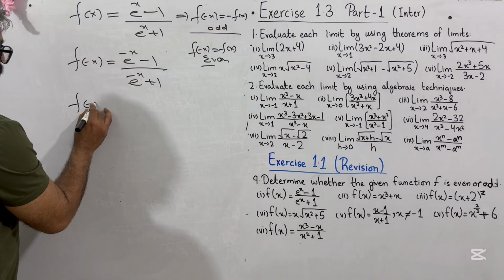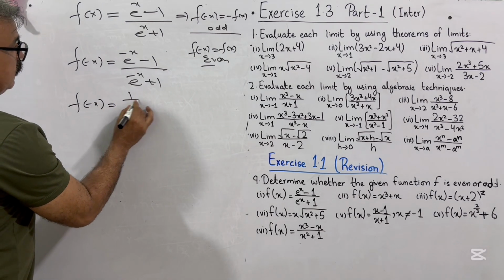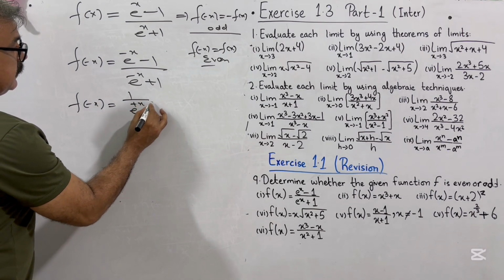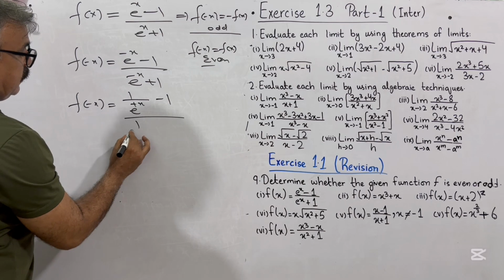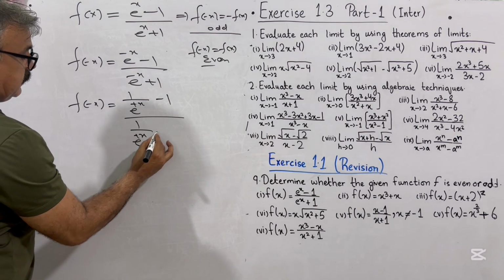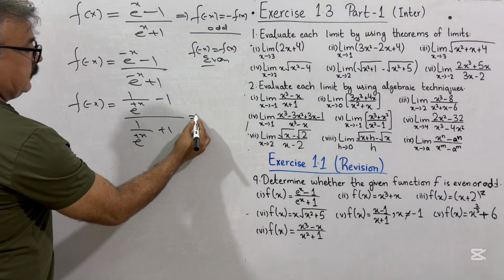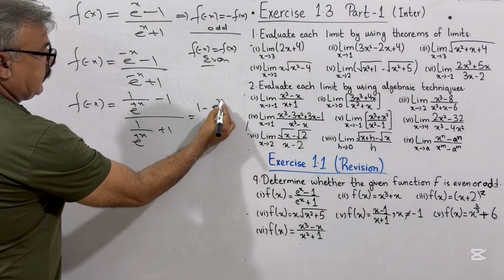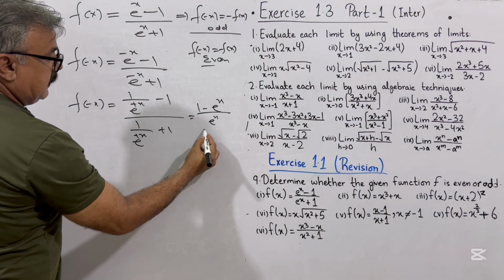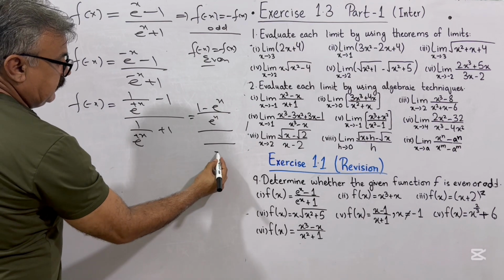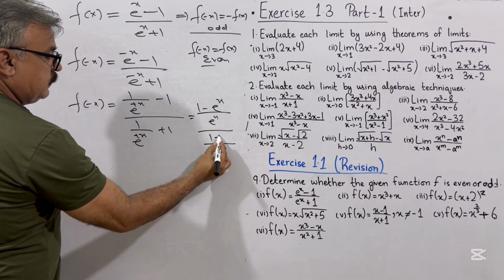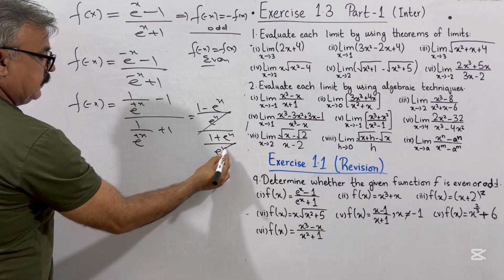And our journey continues. 1 over e raised positive x minus 1 overall 1 over e power x plus 1. Taking LCM in both, we have 1 minus e raised x overall e raised x. Here, the same LCM, e raised x, cancelled out.